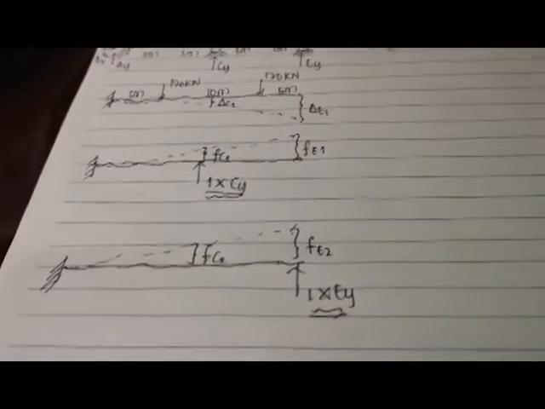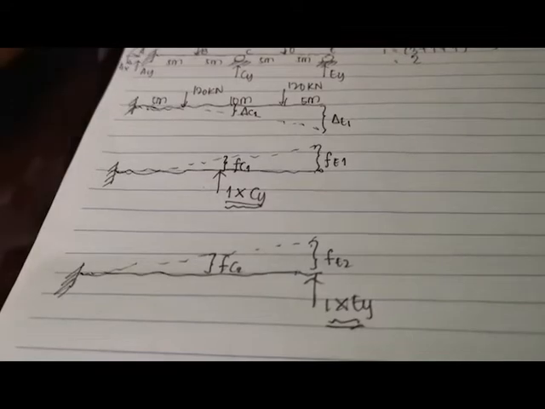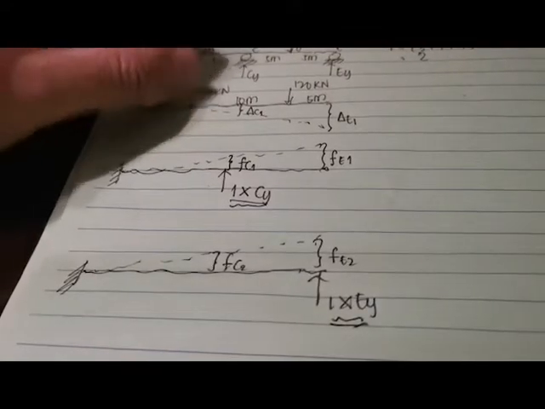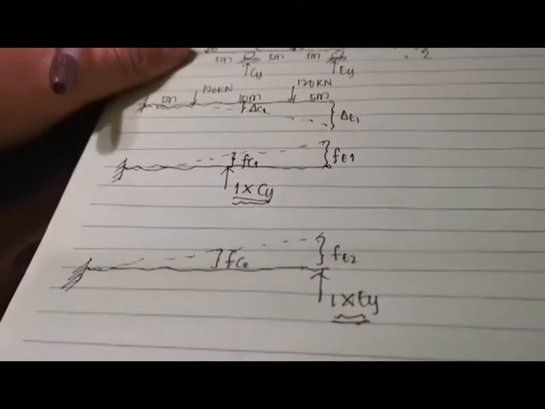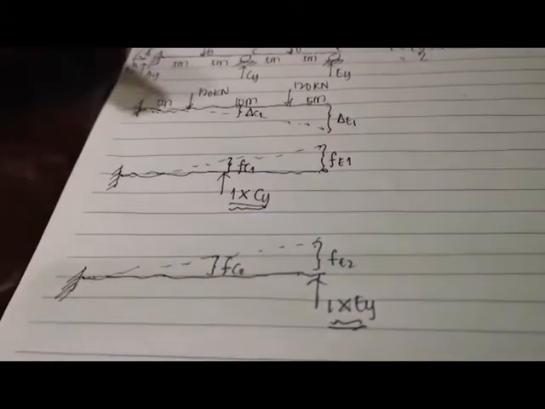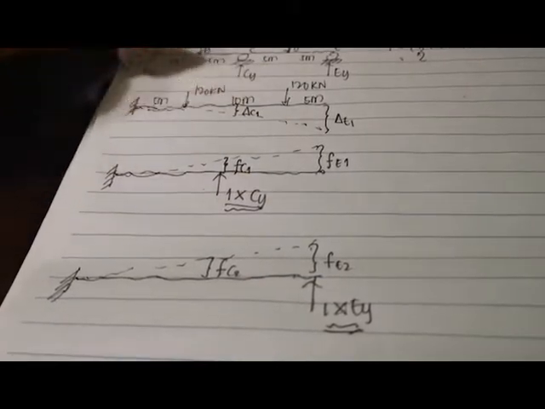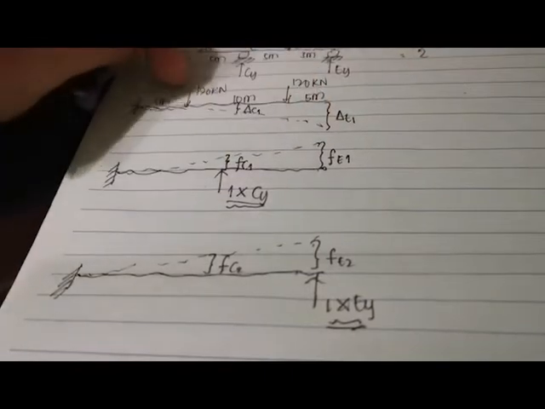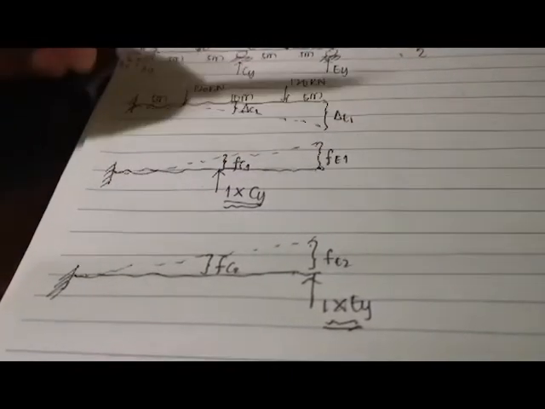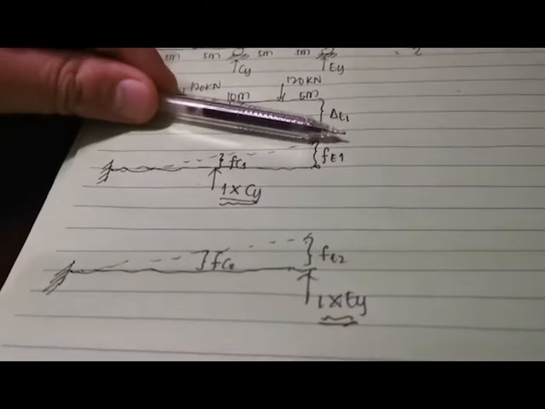So you have to be mindful of the sign conventions, to avoid confusion later on. Normally, if we remove the redundants here and then just apply the loads, we know that your beam will go downward.